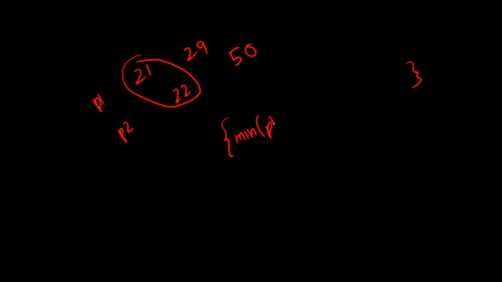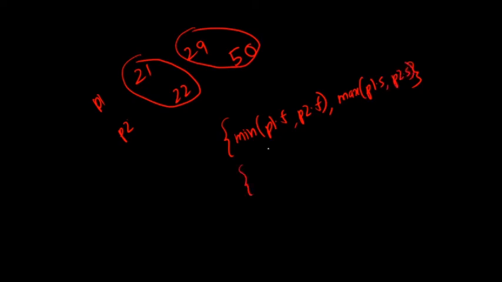The formula for the common pair is: maximum of p1 dot first, p2 dot first, comma, minimum of p1 dot second, p2 dot second.